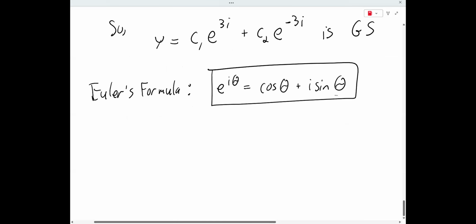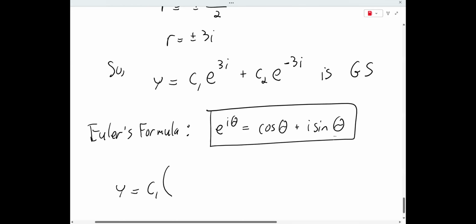For example, if I apply Euler's formula, my solution reads like this. That would be e to the i theta. Sorry, I lost an x in here somewhere.